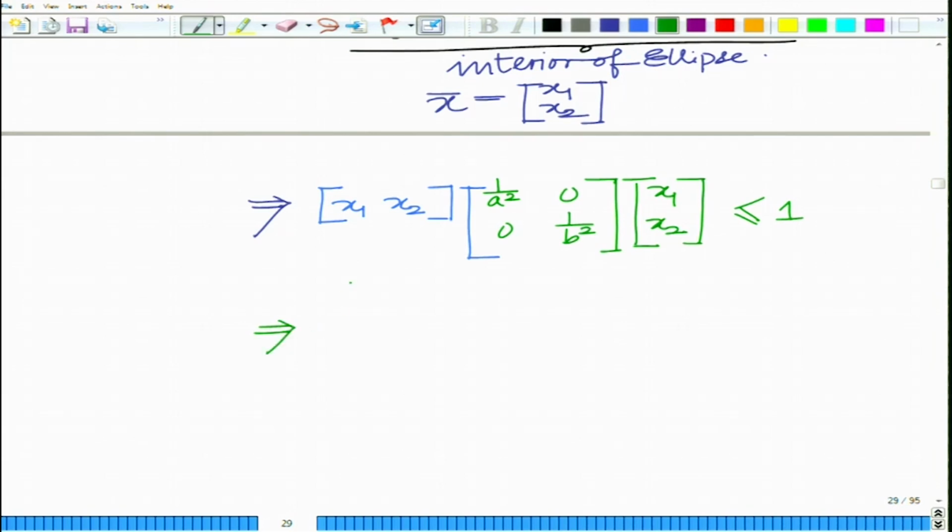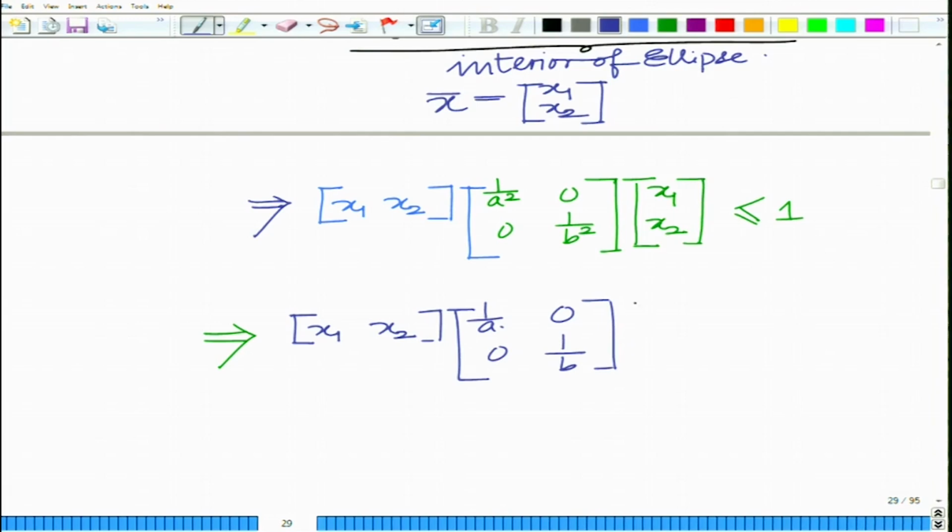So, this implies we have x1 x2 times the matrix 1 over a, 0, 0, 1 over b into the matrix itself, because it is a diagonal matrix.